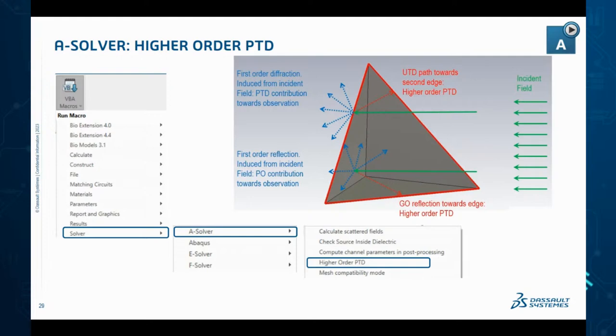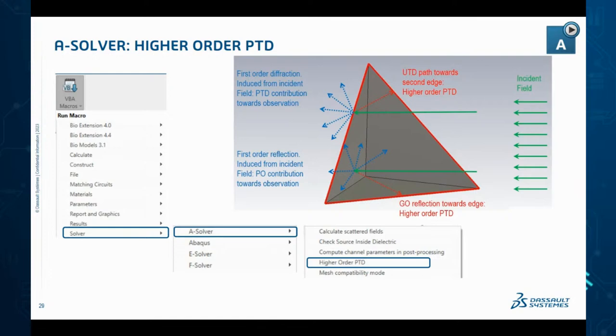So yeah, it's a little bit complicated here with the wordings. There are too many TDs there, but here on the picture, I think it will make it clear. On the bottom, we have one case where the ray is scattered from the surface, and then that scattering from the surface hits the edge of this triangle, of this geometry, and these rays will then be diffracted using the higher order PTD.